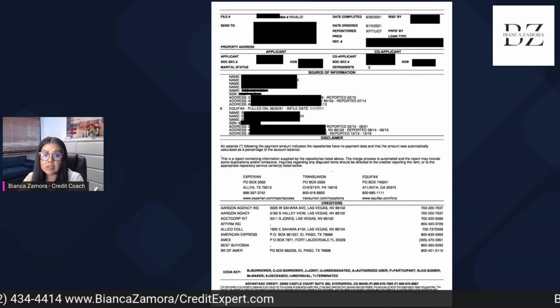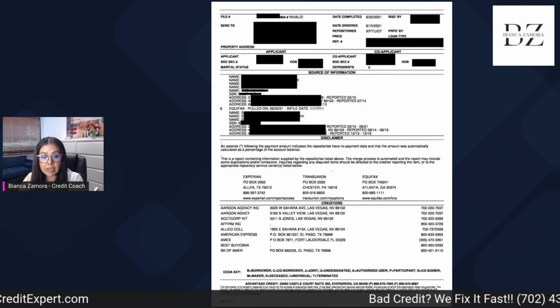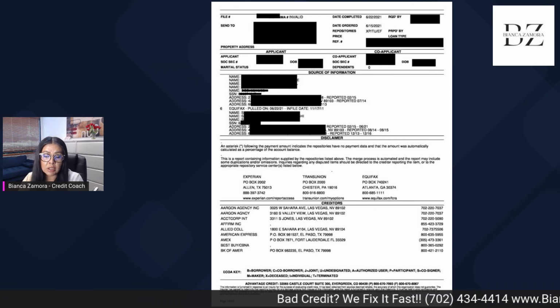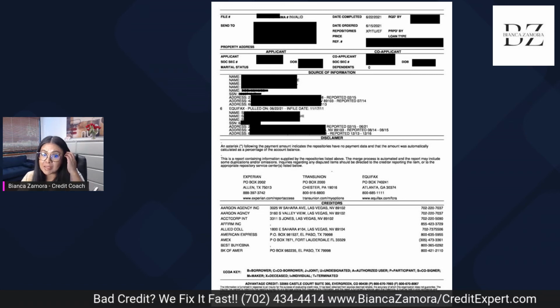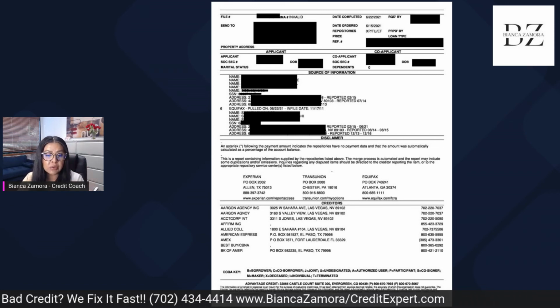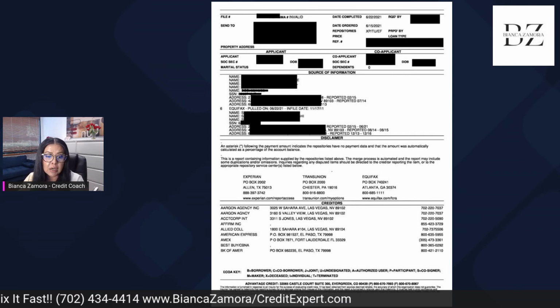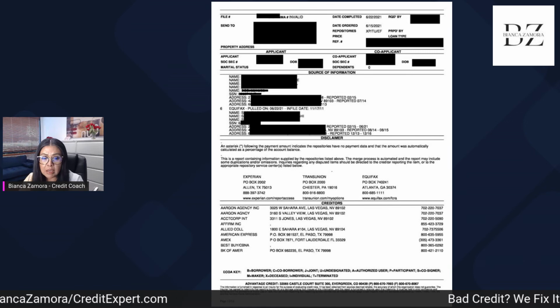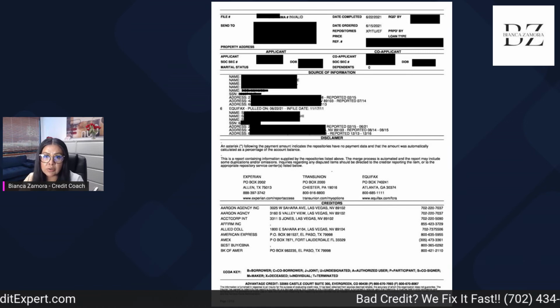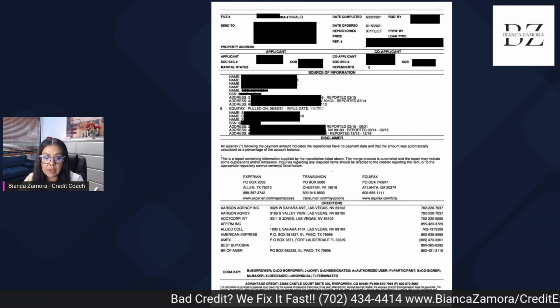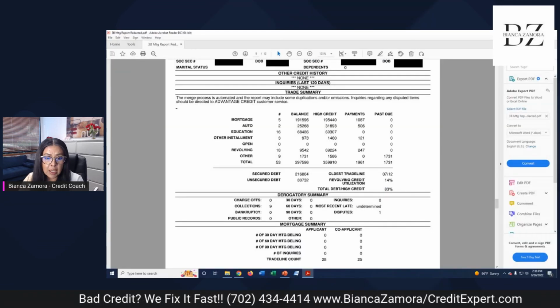So this is really nice too because it gives you the name, the address, and the phone number if this particular lender report has the data, right? So if they do have it, they'll list it here. And this is good in case you do need to call and do a pay for delete, or you need to send a direct dispute in to the creditor or something like that.